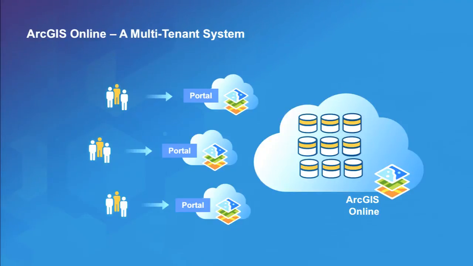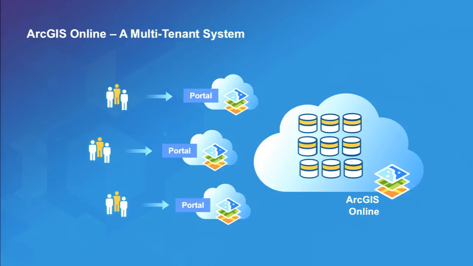Let me start by saying that ArcGIS Online is a multi-tenant system. When you, as a user, are using it, you get a cloud GIS, a virtual portal on our systems, and you are able to manage your data, analyze it, share it, and also manage your users and everything around it.